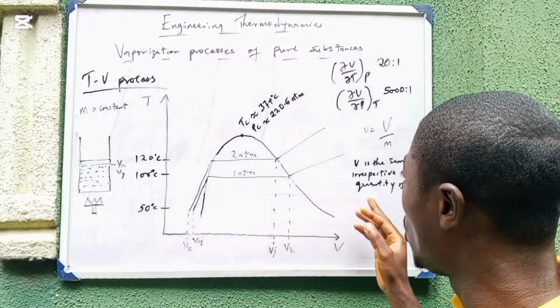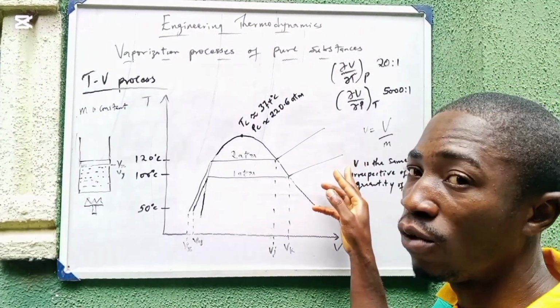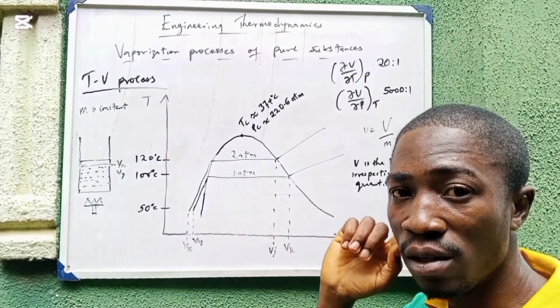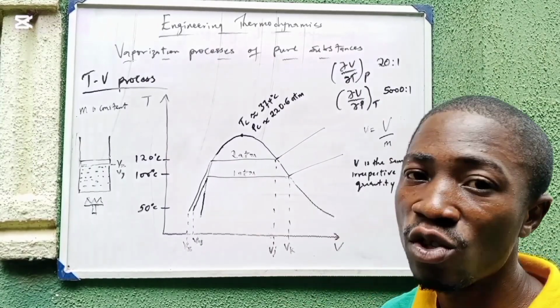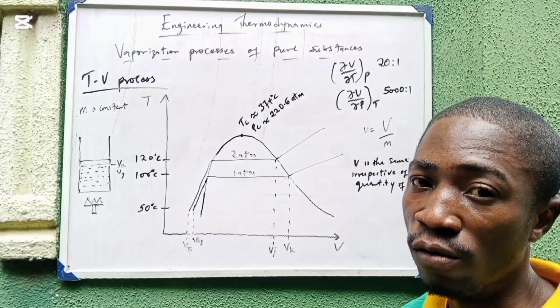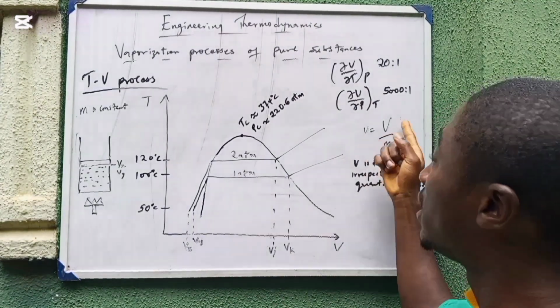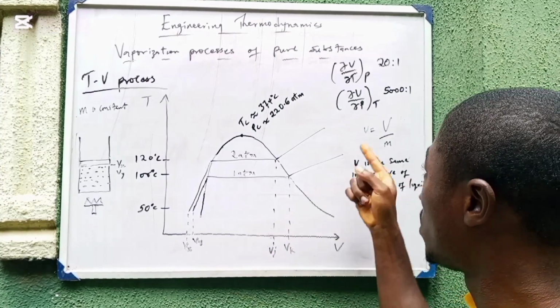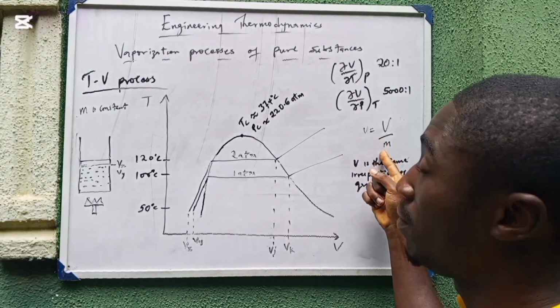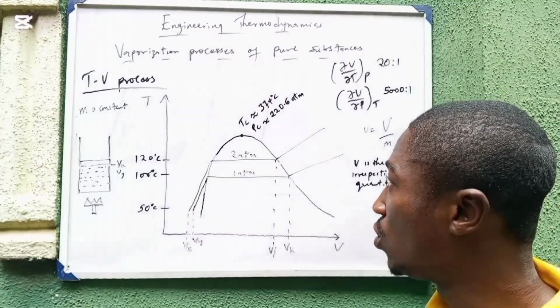So if you check the value of v on your property table for a particular pressure and temperature, it applies to whatever amount of water you are working with. What you just need to do to get your volume is to multiply v by m. That gives you what? Volume. That is, multiply specific volume by the mass of water you're working with, and that gives you the volume of the liquid.